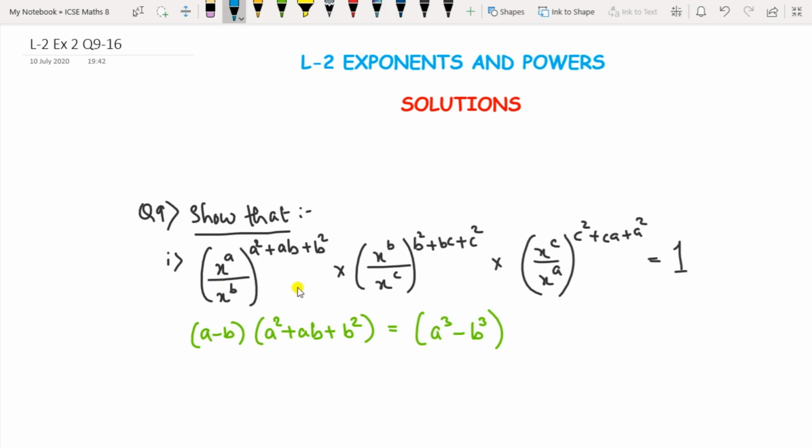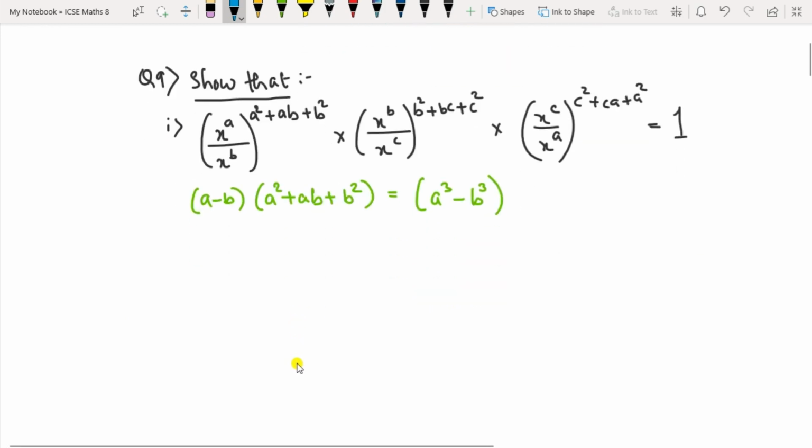Show that this expression, if you solve it, becomes 1. The answer is 1 here. Now you have to use the formula (a minus b)(a square plus ab plus b square) gives a cube minus b cube.